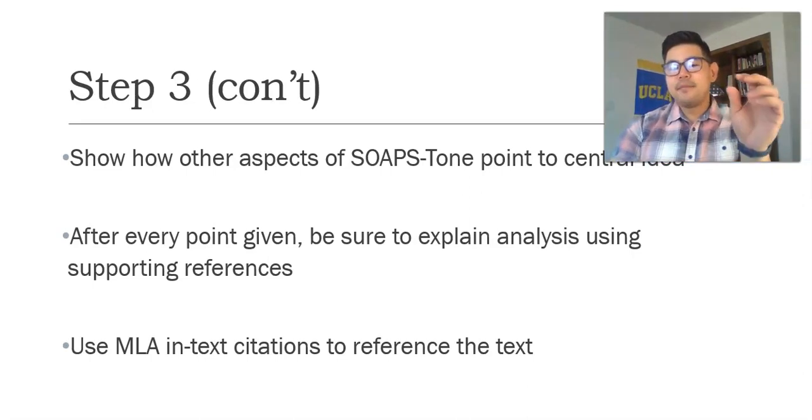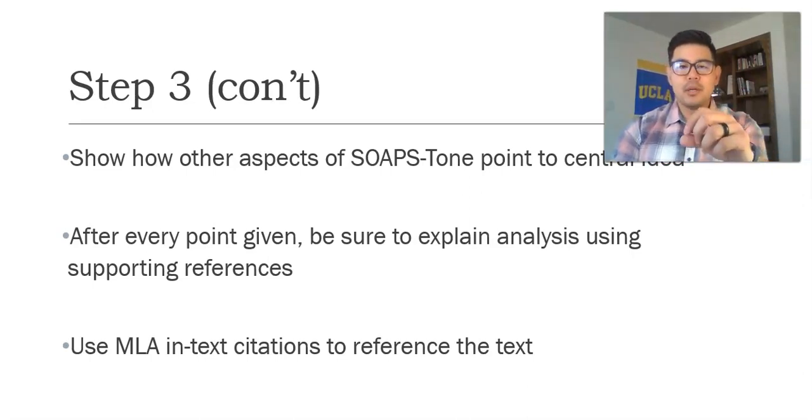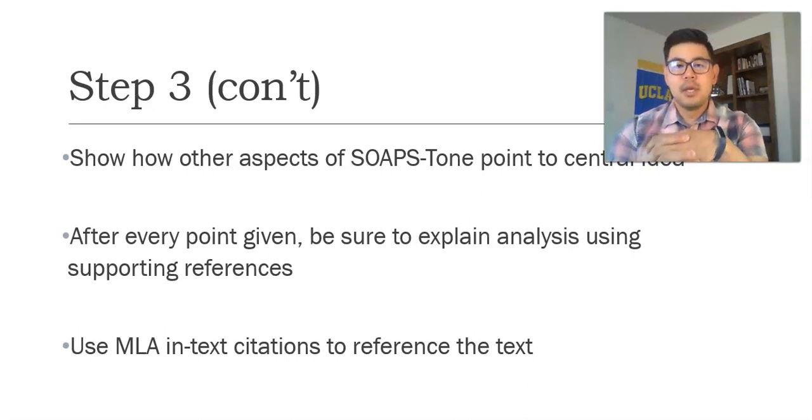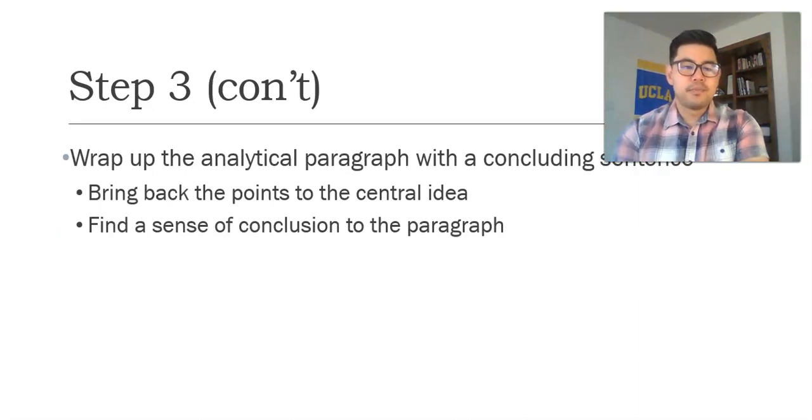After you give each point about SOAPSTONE, so you talk about the speaker, make sure you explain your analysis of the speaker using well-chosen references to the text. And be sure to use MLA in-text citations to reference the text. Of course, if you forget how to do MLA in-text citations, please refer to Purdue OWL. It'll give you a good rundown.